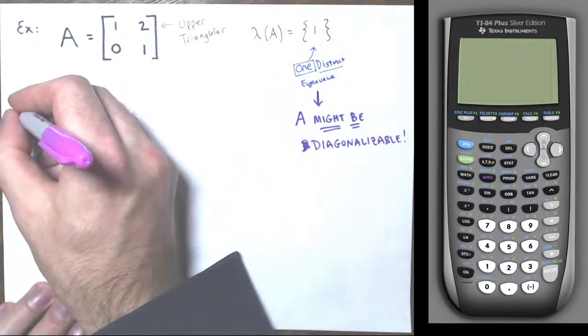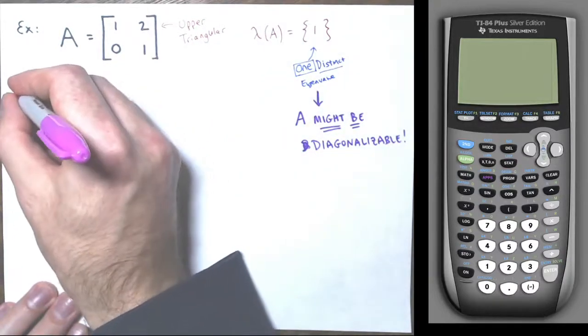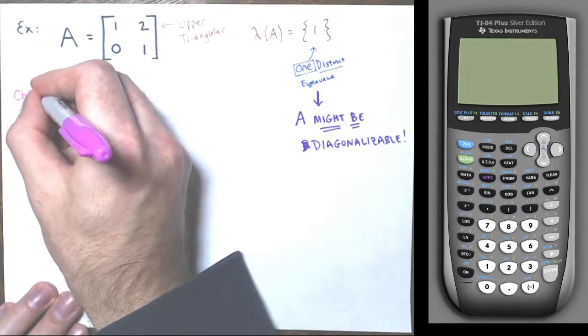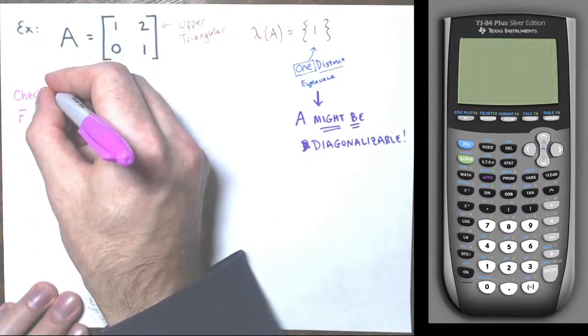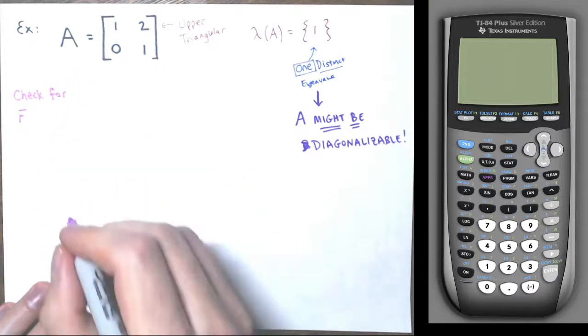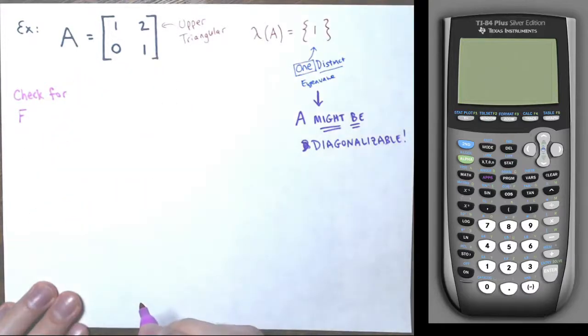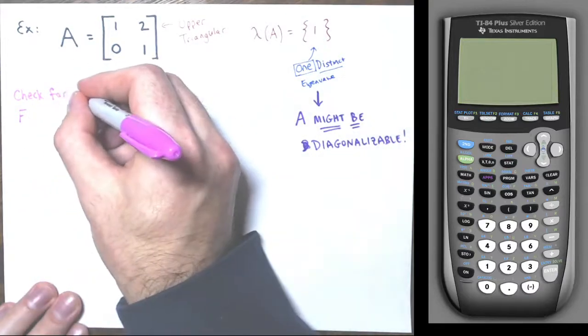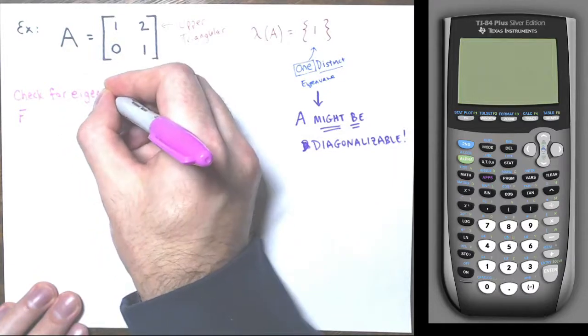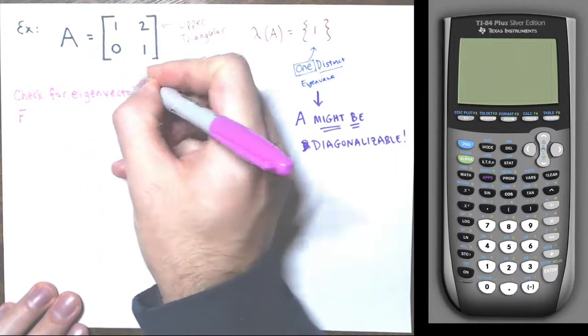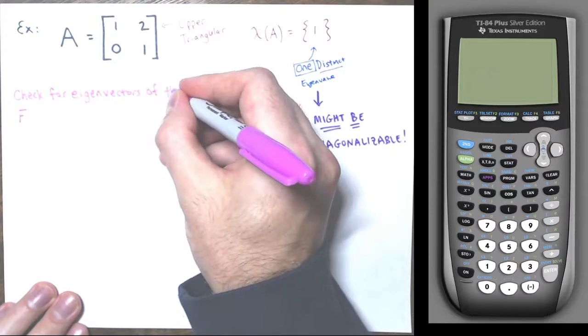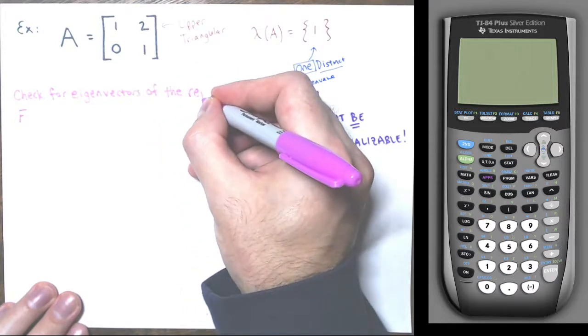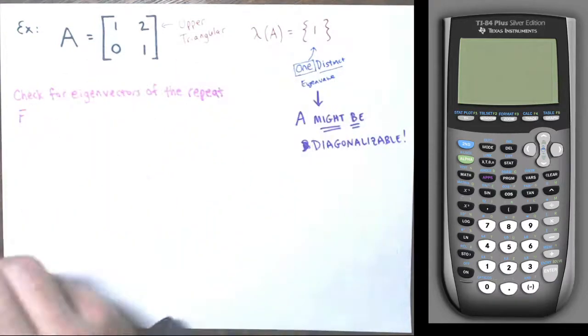So we have to check for eigenvectors of the repeated eigenvalues first.